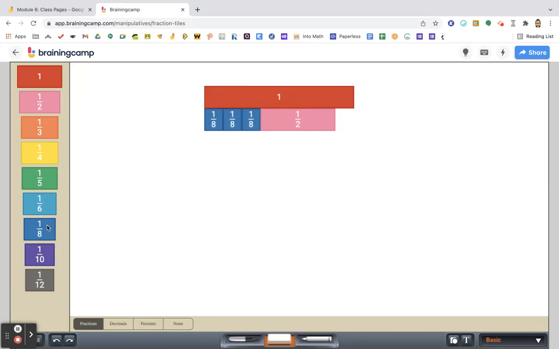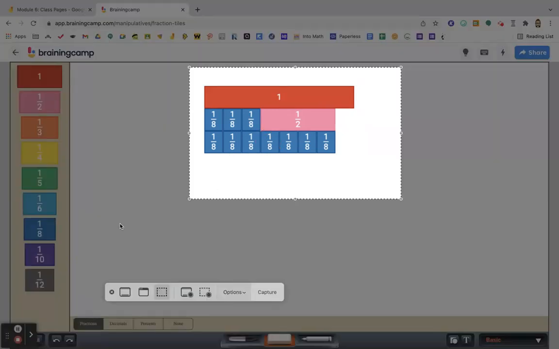But we can put 1/8 under the 1/2. And we can put our 1/8 under the 3/8. So we can have something that looks like this.